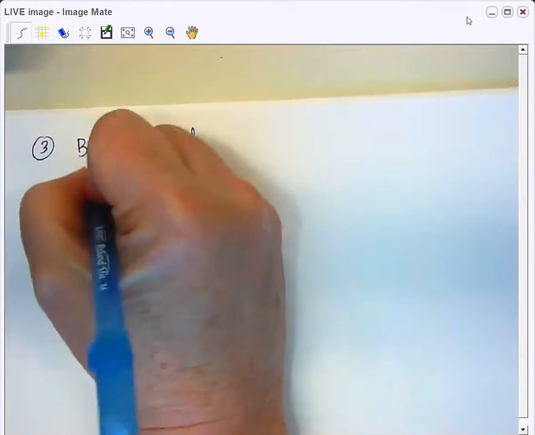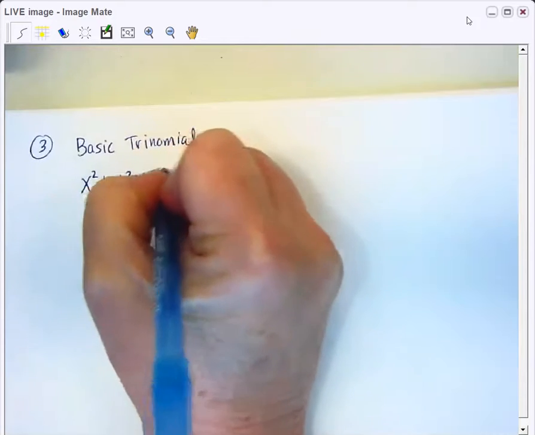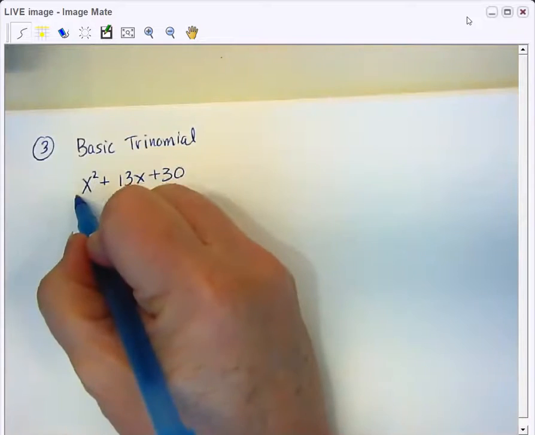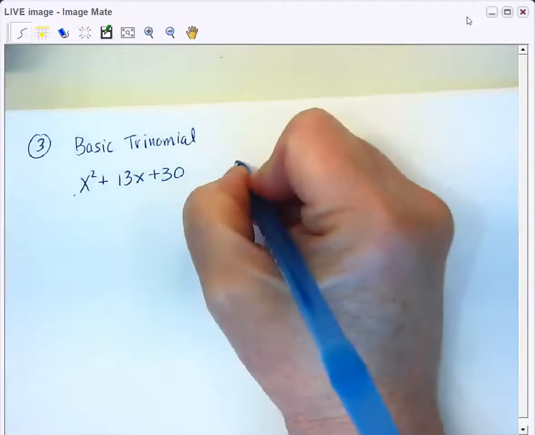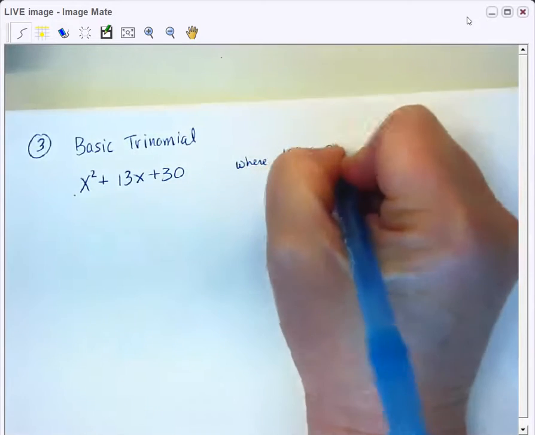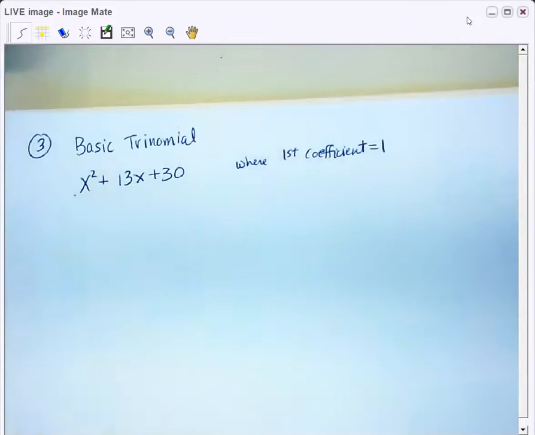So x squared plus 13x plus 30. A basic trinomial where the coefficient in front of your x squared is 1. Your first coefficient equals 1.